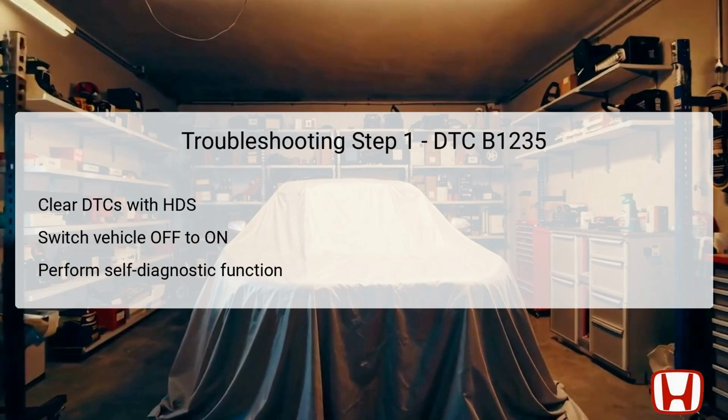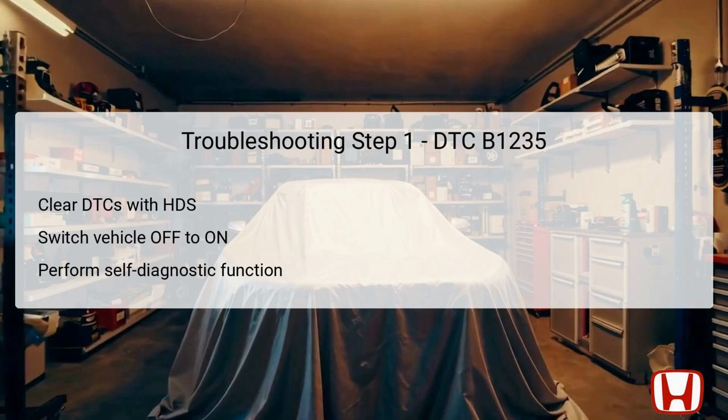The first step in troubleshooting DTC B1235 is to clear the existing diagnostic trouble codes, DTCs, using the Honda Diagnostic System, HDS tool. This process helps reset the system, removing any previous faults on record. After clearing the codes, turn the vehicle to the off/lock mode and then back to the on mode.